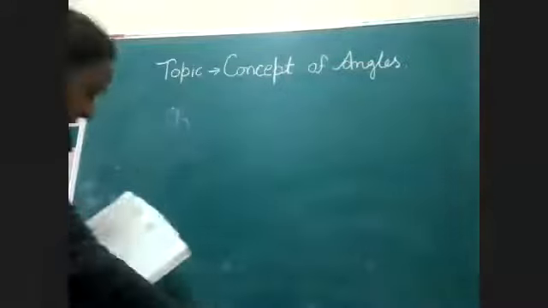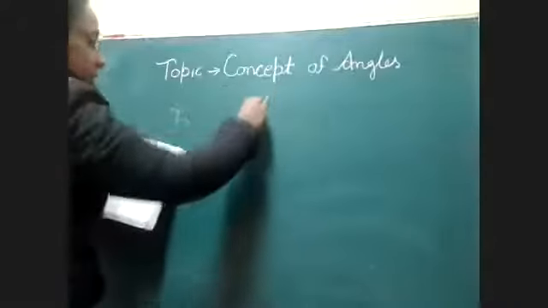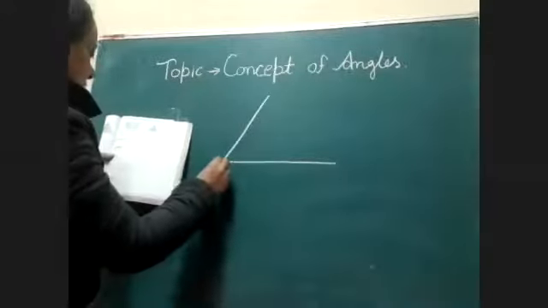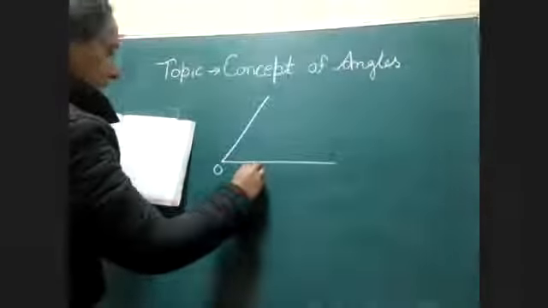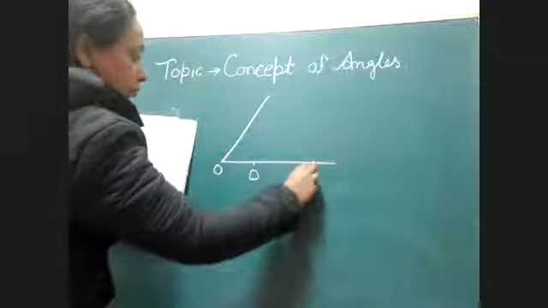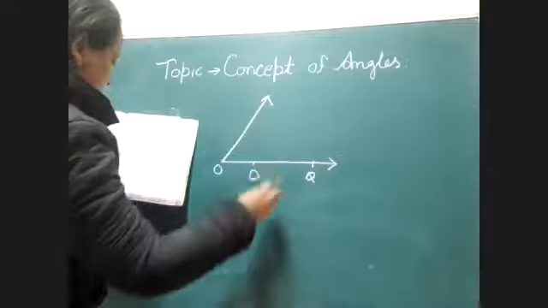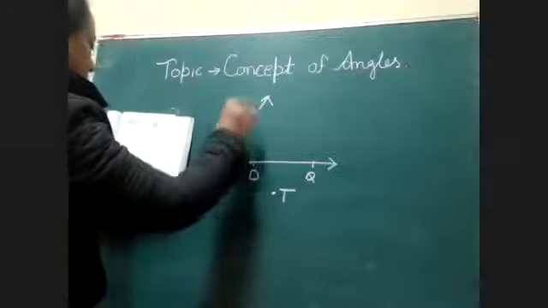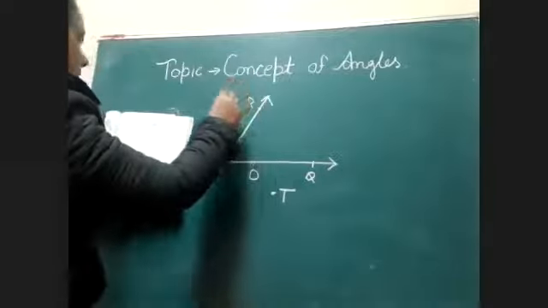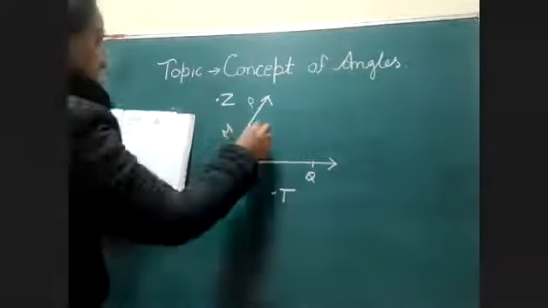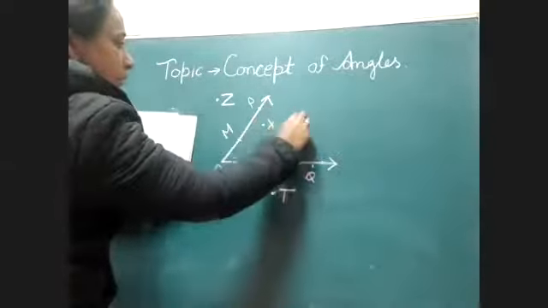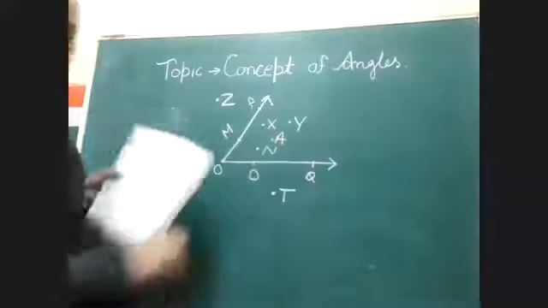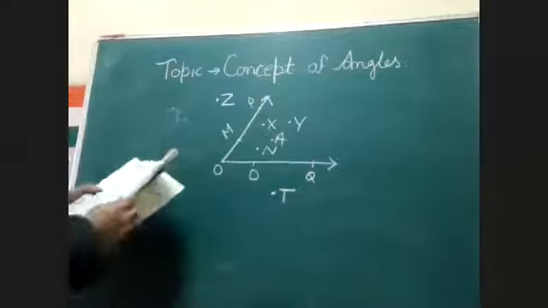First, we will draw the figure, the same as this angle. The vertex is O. These points are D, Q, E, M, P, and Z. Next are X, Y, A, and N. Yes, there are some points.